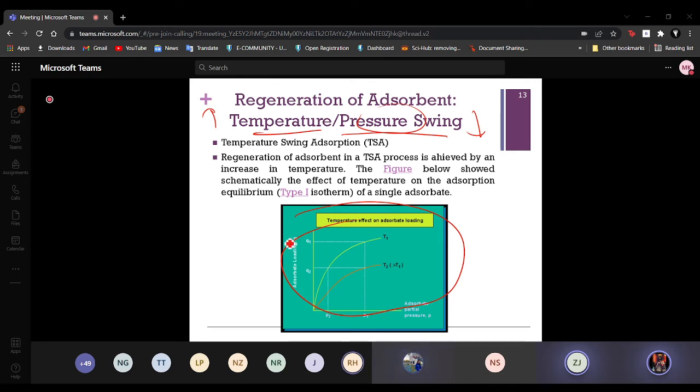Basically, they are mostly related to this one, adsorbent loading, what we call Q. Adsorbent loading, the unit is basically milligram or gram, the mass of adsorbate, over the mass of adsorbent. Adsorbate means the solute; sometimes they call it adsorbate or solute. So let's say you have 1 kilo of adsorbent, activated carbon for example.